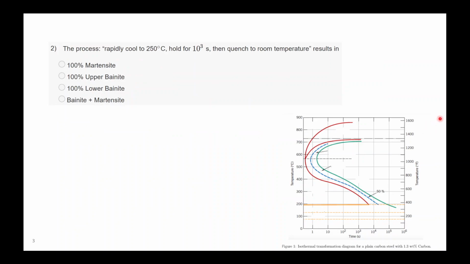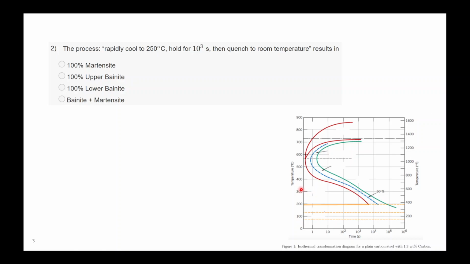Second question. In this question, you are asked: the process is rapid cool to 250 degrees Celsius, hold for 10 to the power 3 seconds, then quench to room temperature, results in. You have to use the same isothermal diagram.